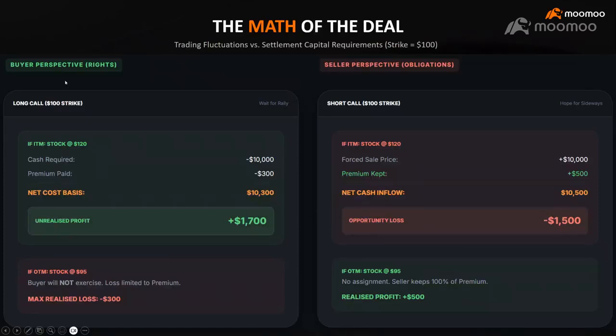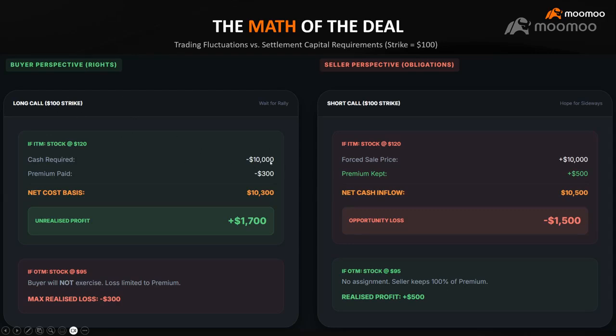Let's look at the examples, the buyer perspective. Let's say I'm long a call, and the call costs maybe $3, with a $100 strike. If it's in the money, the stock price is at $120, and the cash required for me to exercise the call option is $100 multiplied by 100, so it's 10K.